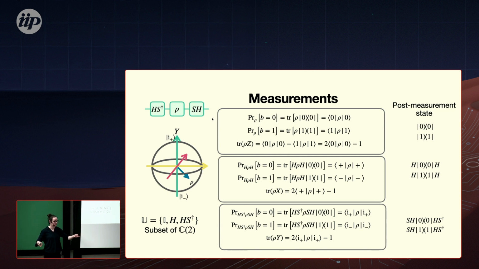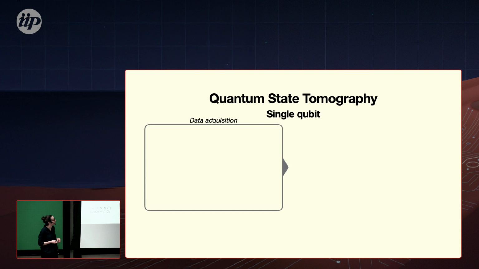And with that, you solved your task. You can just prepare many times the Z measurement, and then measure many, many times, estimate the probability that you get 0 for the X, for the plus, and then for the Y with the i plus. And then you could estimate the probabilities, the scalar values, in front of your quantum state decomposition.